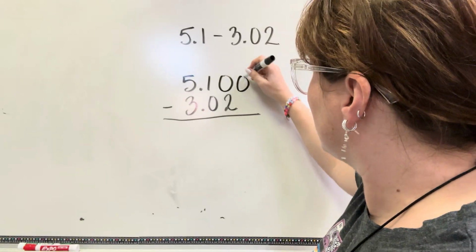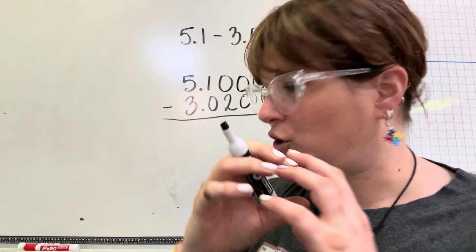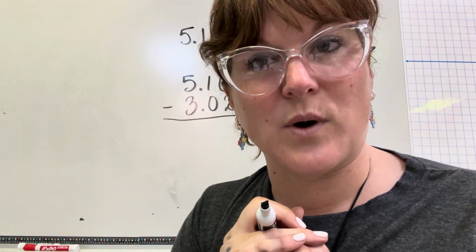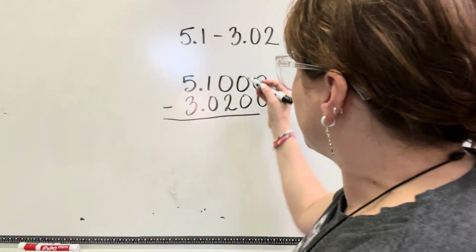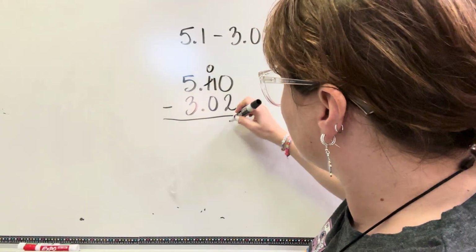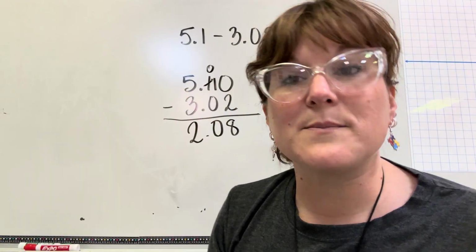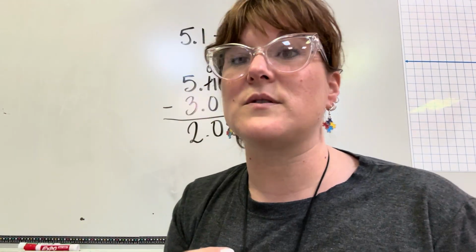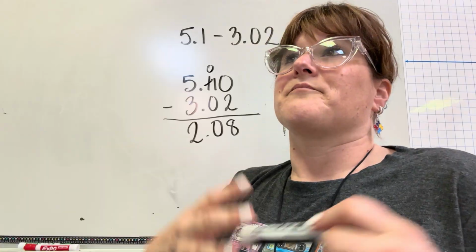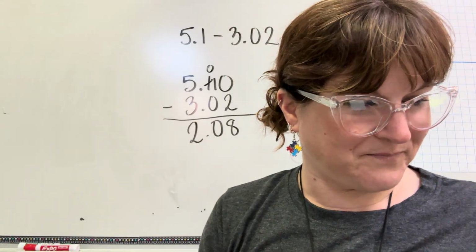If it's a decimal, you can add as many zeros as you want at the end. I'm just going to add that one. That's going to be 2.08. So just making sure that you line up decimals, and that you remember those integer rules.